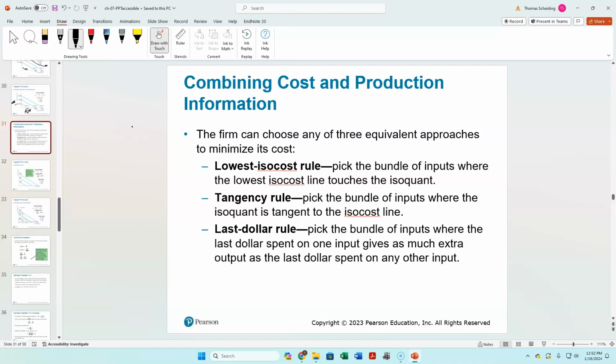Is it going to choose an option where it just wants the lowest iso cost curve because it needs to meet a certain production quota? That would be your first option. So you would use this if you have, for instance, a contract to deliver a certain quantity. Then you just want to find the lowest cost way of producing that production level.